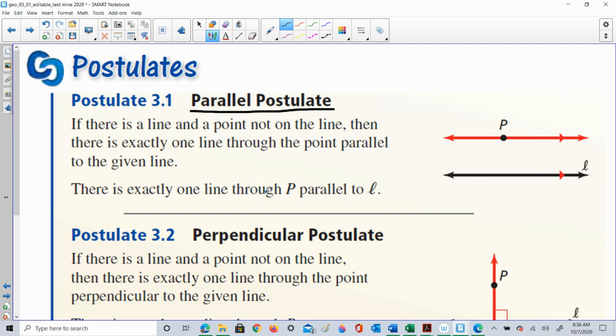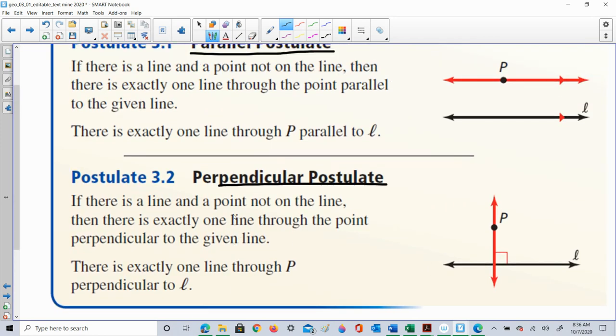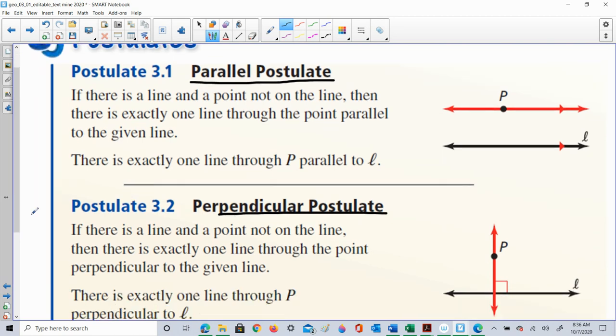There is exactly one line through P parallel to L. So there's only one way we can draw a line that goes through P that would be parallel to L. Same thing goes with perpendicular. If you're given a point and a line, there is exactly one line through that point perpendicular to the given line. So these are important.